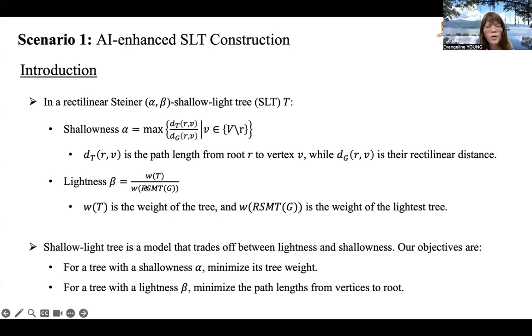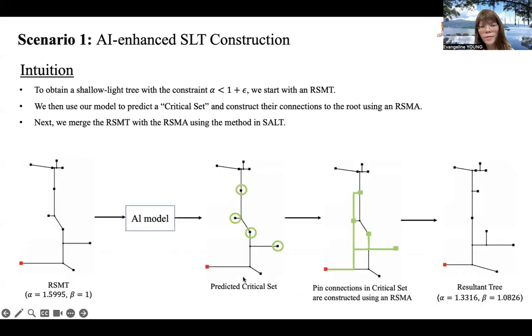So for shallow light tree construction, some of the works have a limited alpha and minimize the beta, or they have a limited beta and minimize the alpha. The intuition of this work is we want to use the AI approach to detect, because usually after you connect all the points with the RSMT, some of the points will violate the delay constraint, and then we need to reconnect them.